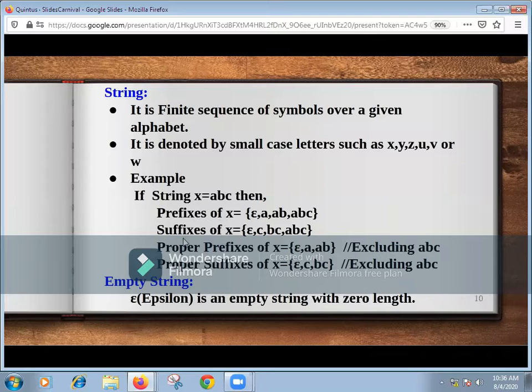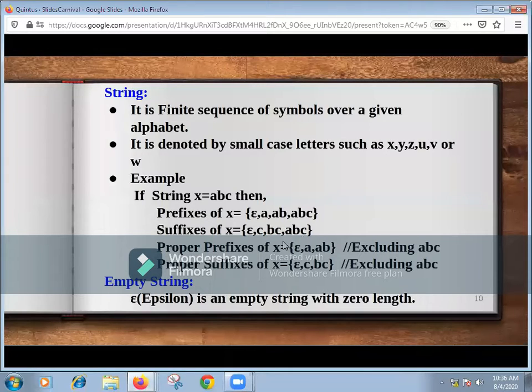Then what are suffixes? Suffixes means what comes after that particular character or that particular string. So a suffix of X can be null. Null means nothing or the empty string, that is what we denote using epsilon. Or it is only C, or it is BC, or it is ABC.